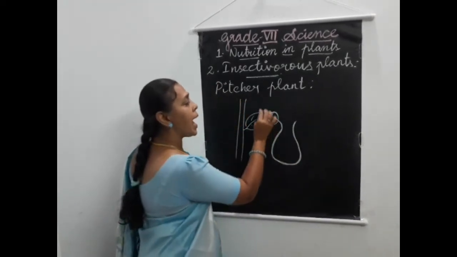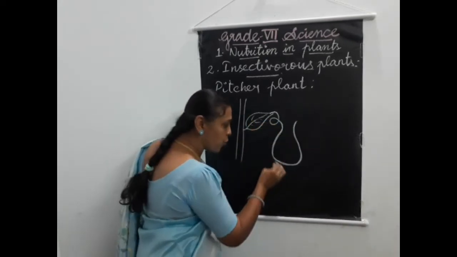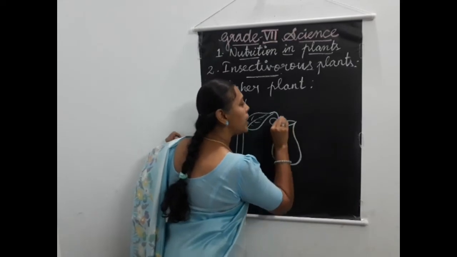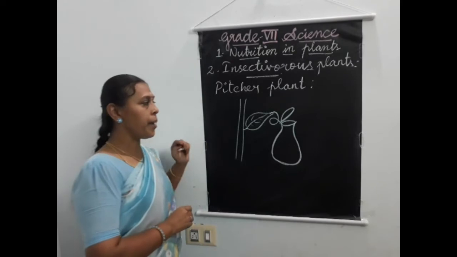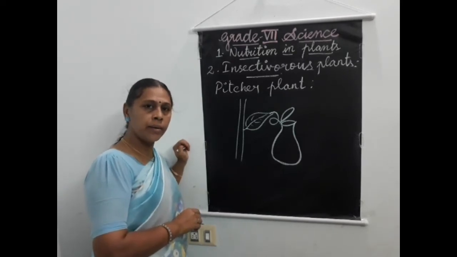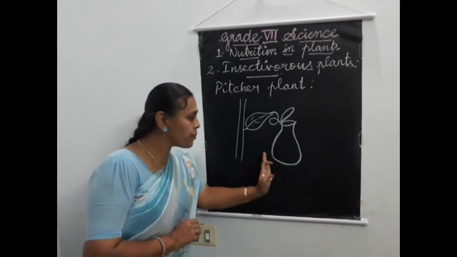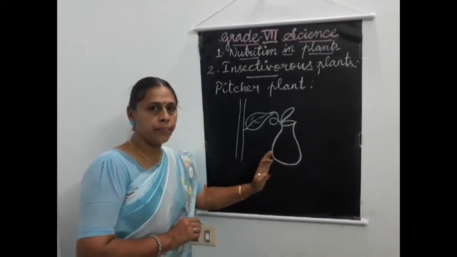The tip or the apex of the leaf is converted into a pitcher and this will have a lid like this. Are you able to see clearly? Do you understand what a pitcher is? Pitcher is nothing but this structure that is called kuduvai in Tamil.